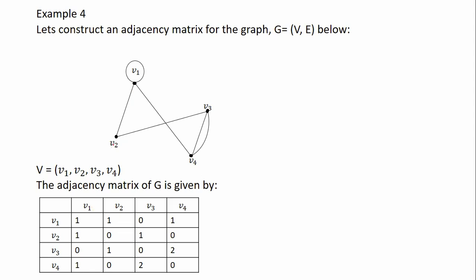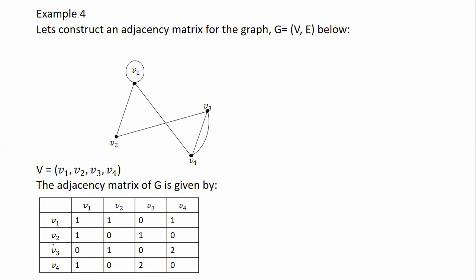Now V1 and V3. Is there a connection here? No, sir. So give it 0. Then V1 and V4. Is there a connection? Yes, sir. So you get 1. So we are done with V1.